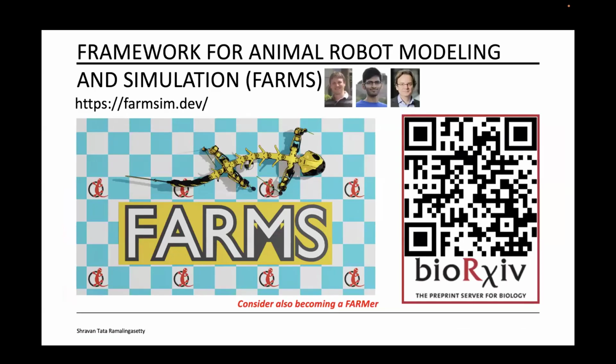And finally, I want to mention that all of this work was possible because of a framework that we co-developed with my colleague during my PhD called FARMS. Our dream is to have all sorts of virtual animals in a simulation framework that can interact, and not just animals, but also robots, because they're powerful tools.